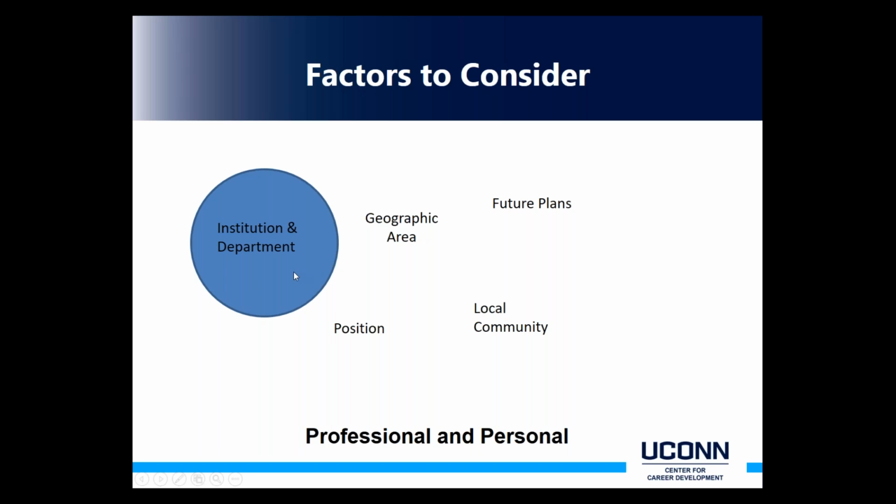Maybe you're looking for a department that's growing, maybe the course offerings, or it's introducing a new major. And quite a bit of that you can find on the institution's website.